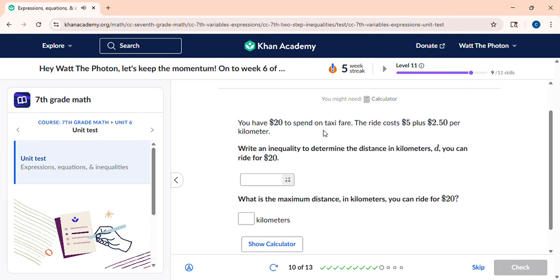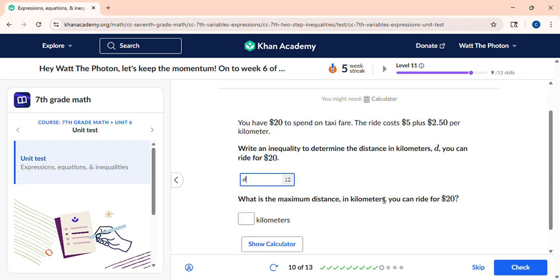You have $20 to spend on a taxi fare. Okay, only 20 euros. The ride costs $5 plus $2.5 per kilometer. What's the maximum distance?